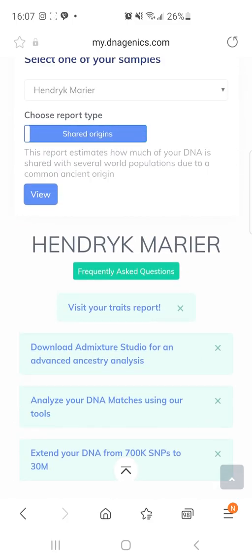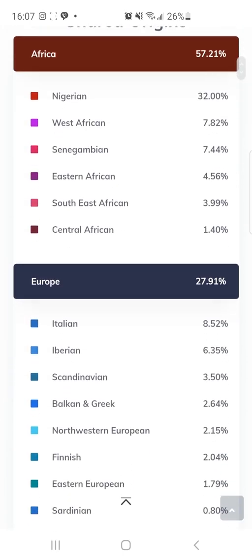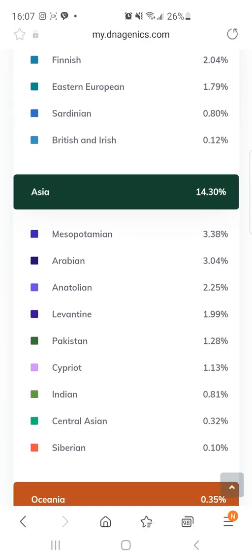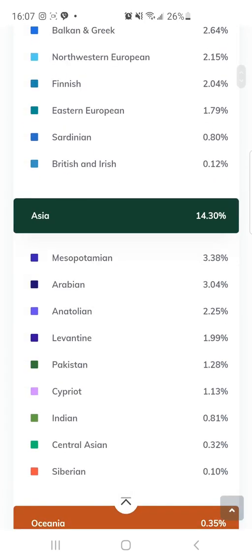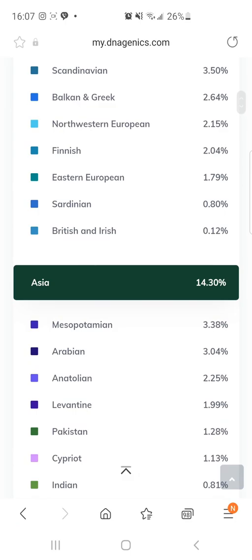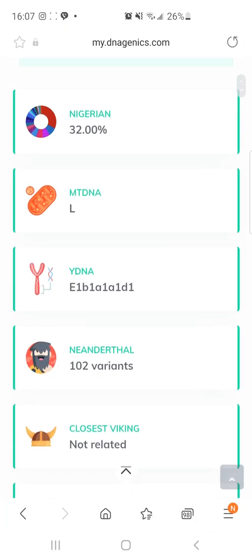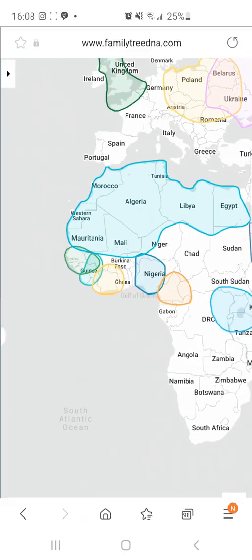But then when you go to shared ancestry, you can see that I have Arabian right there, and also Iberian, right? So those two, with Sardinian a little bit, have to do with having some Tuareg and Amazigh influence, but it's not finished.